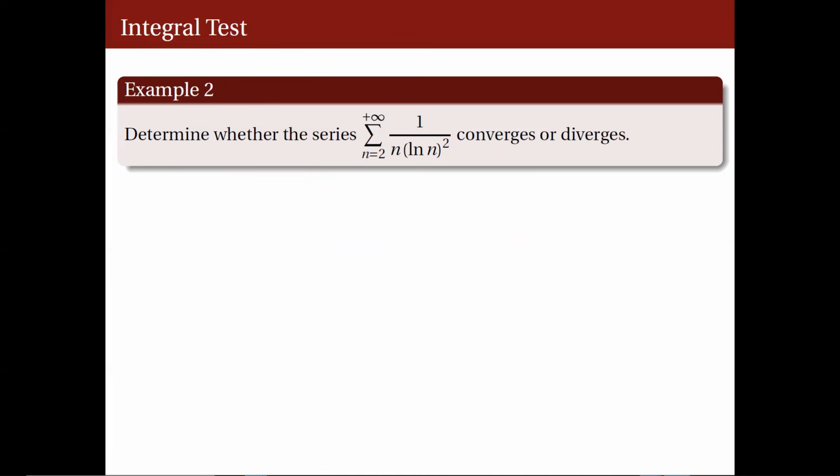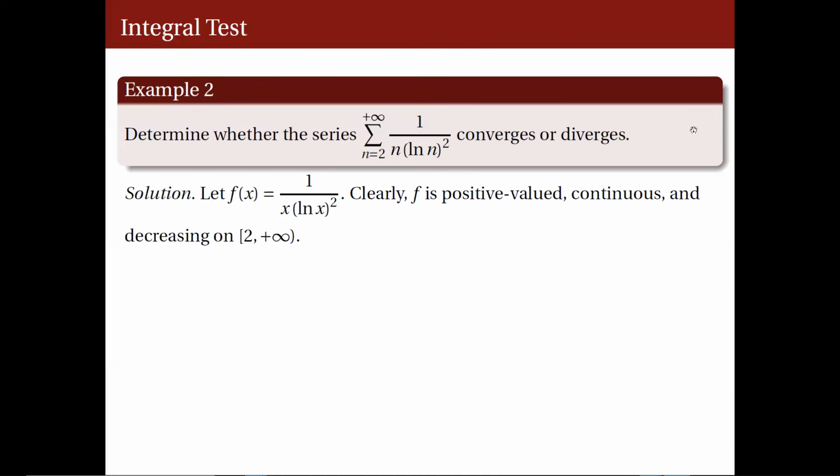For our second problem, we want to determine whether the series summation from n equals 2 to infinity of 1 over n times quantity ln n squared converges or diverges. Again, ang first step natin ay isulat ang function f of x equal to 1 over x times quantity ln x squared.